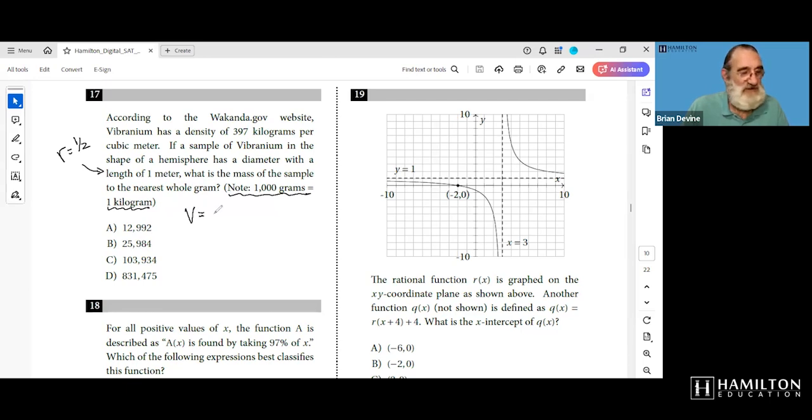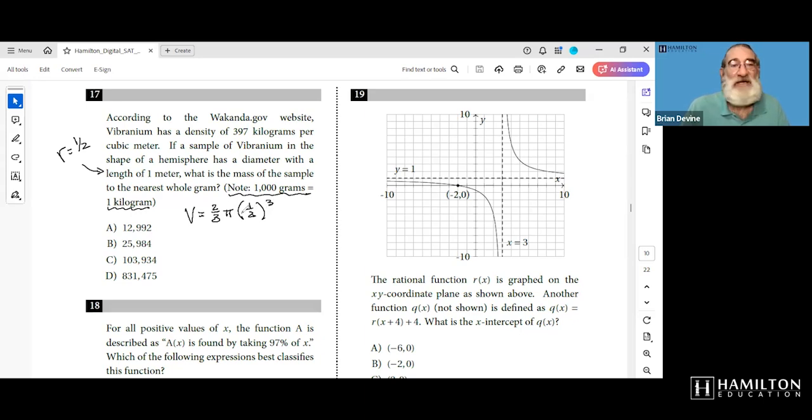Well, first we need the volume. So the volume of this thing is going to be 2/3 pi times 1/2 cubed. Remember, the volume for a sphere would be 4/3 pi r cubed. This is half a sphere, a hemisphere. And so it's 2/3 pi r cubed.